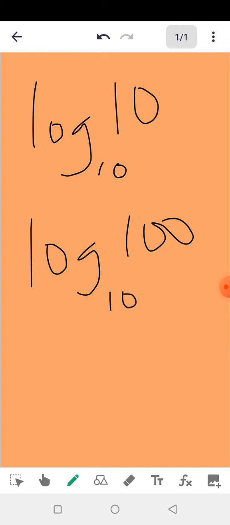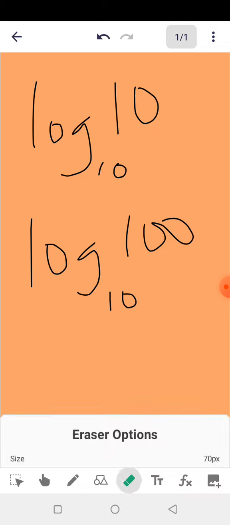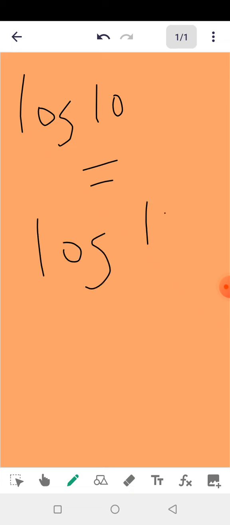So it means we have two different nomenclatures for writing logarithm to the base 10. We either write a number with the base, or we write a number without the base. Log 10 can also be written as log 10 base 10, and log 100 can be written as log 100 base 10.